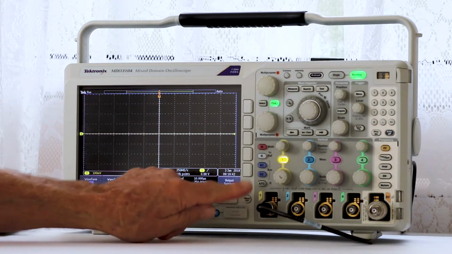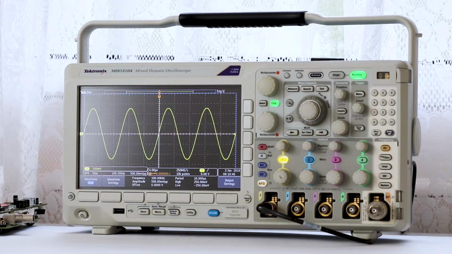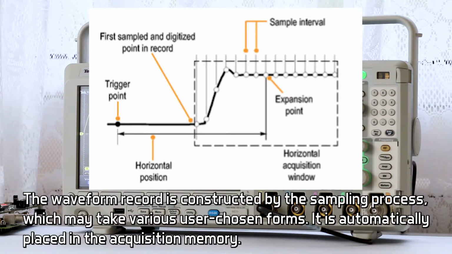Pressing AFG, and with channel 1 turned on, the default sine wave appears on the screen, and it is suitable for demonstrating basic acquisition concepts.